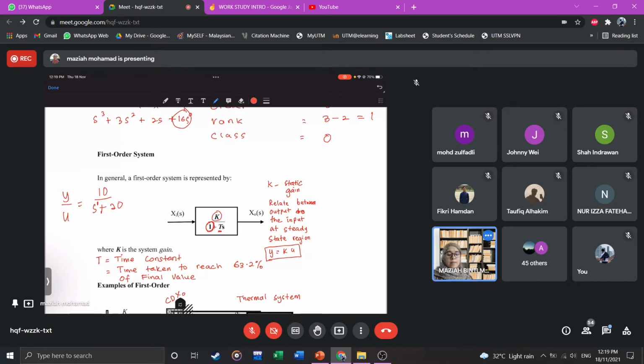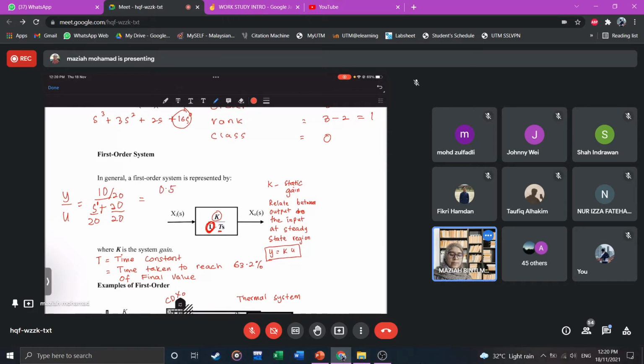But in order to determine K and T, we need to write the equation in the form of the general transfer function, where the term 1 must be there. Therefore we need to divide by 20. 20 divided by 20 will be 1.